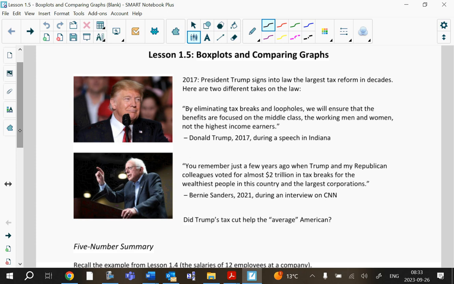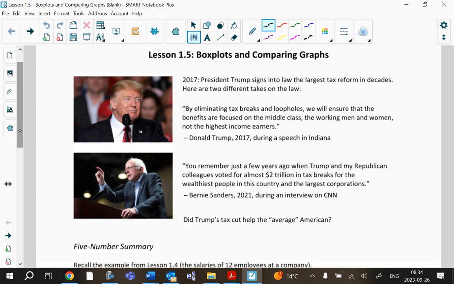And it turned out the average tax cut for Americans was $1,260. So he's saying, that's great. Everybody got a tax cut, because we eliminated tax breaks and loopholes. We're focusing on the middle class because everybody gets an average. The average tax cut was $1,200, which is a significant amount.